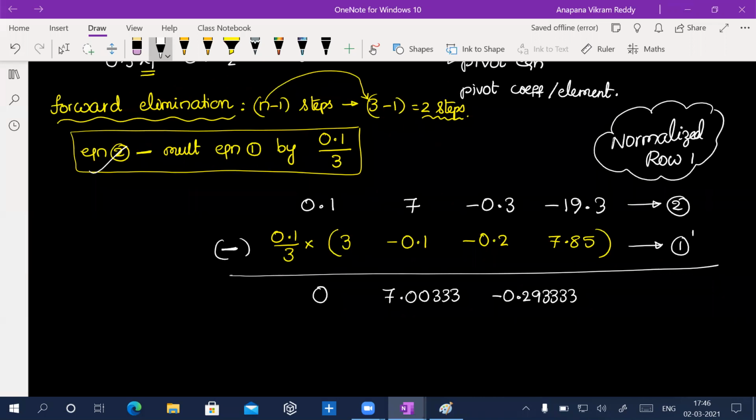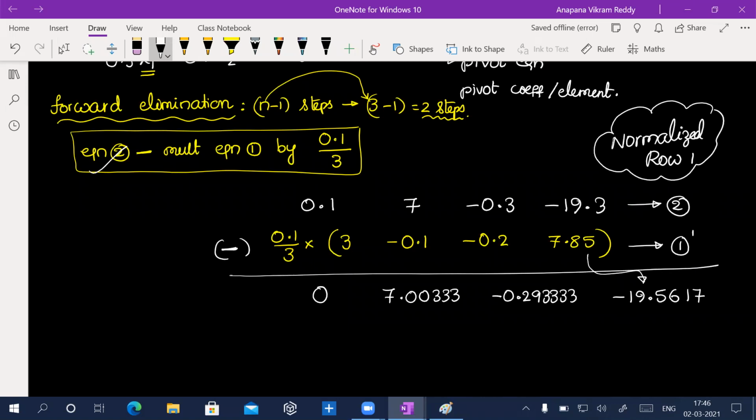And this one you must get something like minus 19.5617. Agree? You just do this. Okay, so now you have row 2 like this.